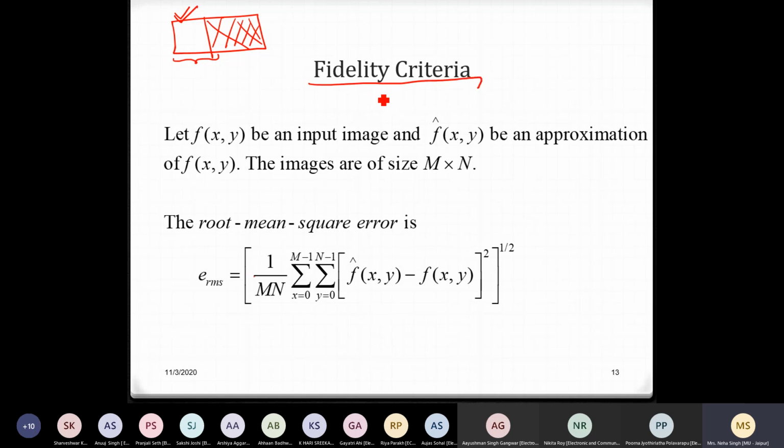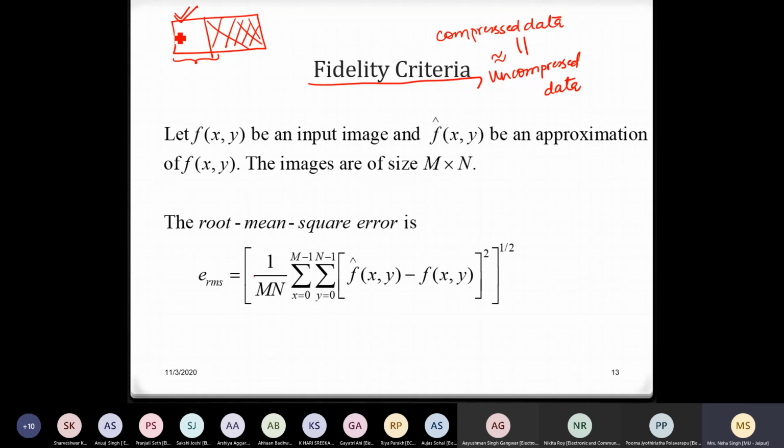Fidelity criteria, as the name suggests, is the criteria which should be met such that the compressed data is able to represent the uncompressed data. It should not happen that the data is completely changed. The two should be very close to each other, very similar.